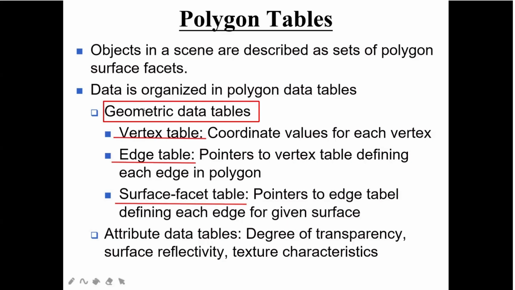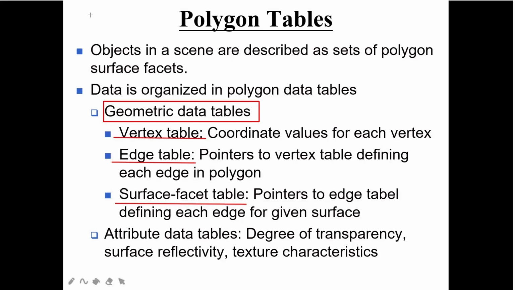In your vertex table you are going to have all the values of each vertex, and your edge table will point towards each edge present in your polygon. And your surface face table defines all the edges and all the faces, how it is going to look.